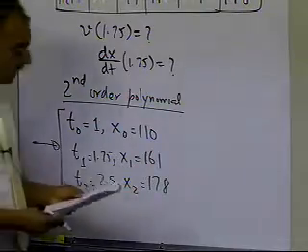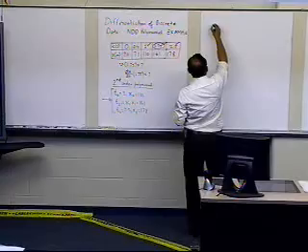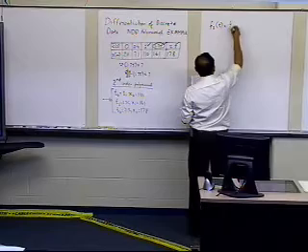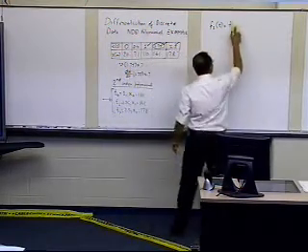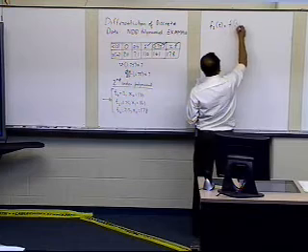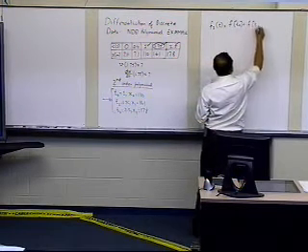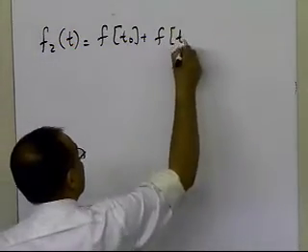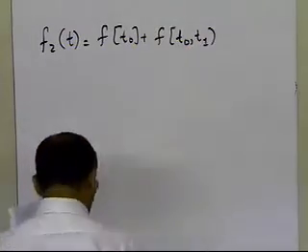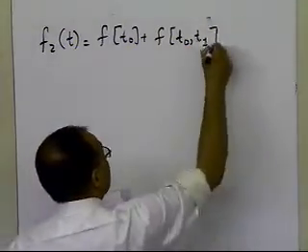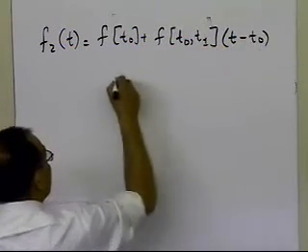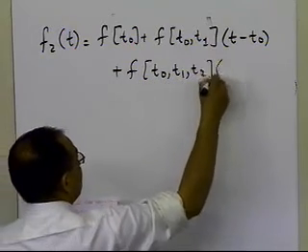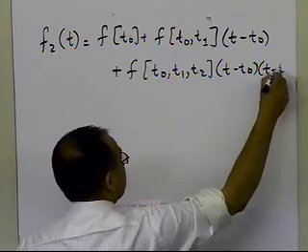The second order divided difference polynomial looks like this: f2 of t equals f of t0, plus the divided difference f[t0, t1] times (t minus t0), plus the divided difference f[t0, t1, t2] times (t minus t0) times (t minus t1).